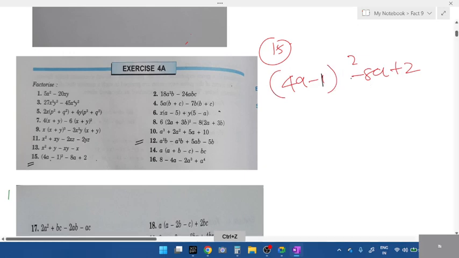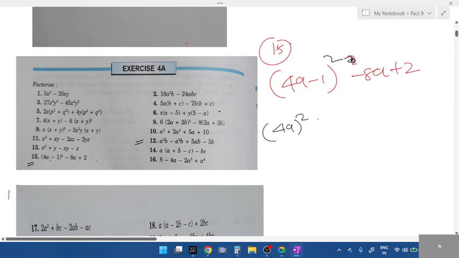Can we use a minus b the whole square for the first bracket? Yeah, I'll solve. What is a minus b the whole square, students? a square plus b square minus 2ab.